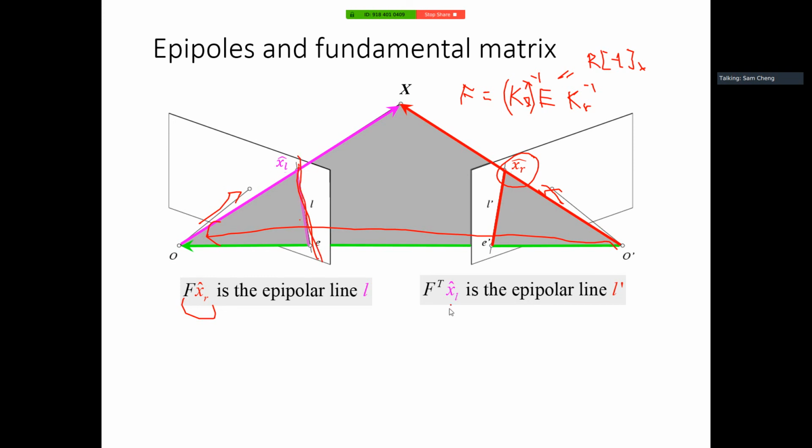Similarly, if I have a point on the left camera XL hat, the epipolar line on the right is just F transpose times this XL hat. To find the corresponding point, we just need to search along this line.